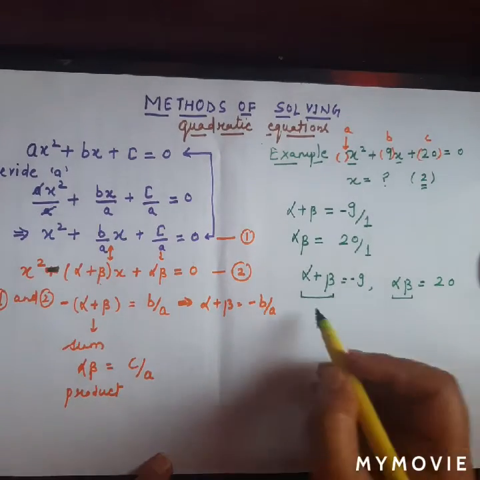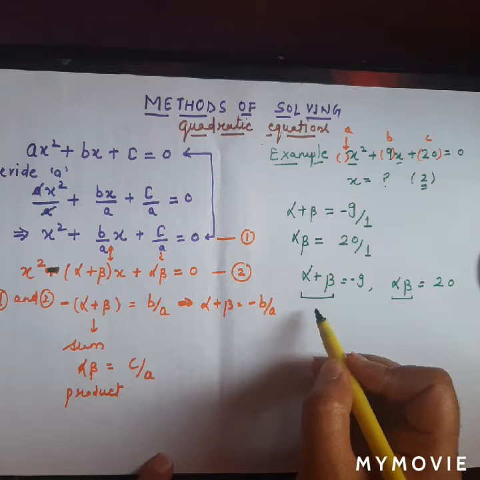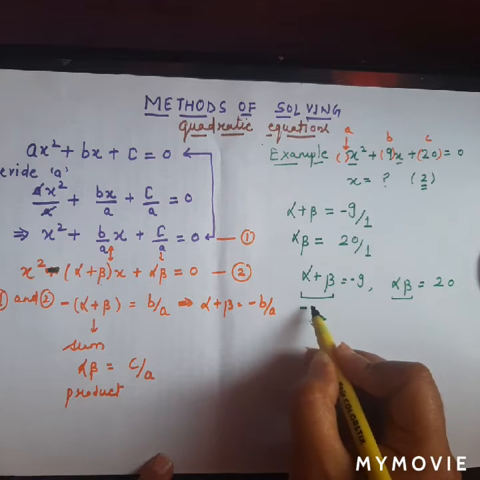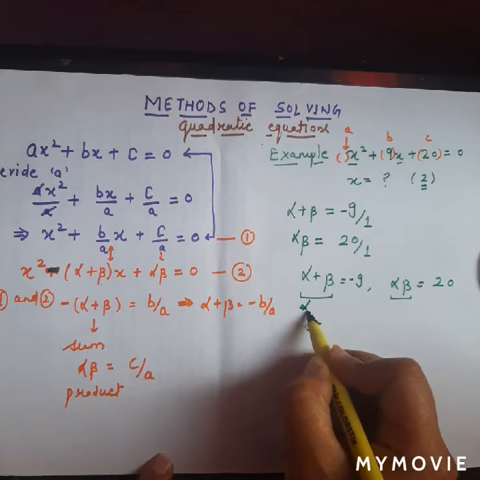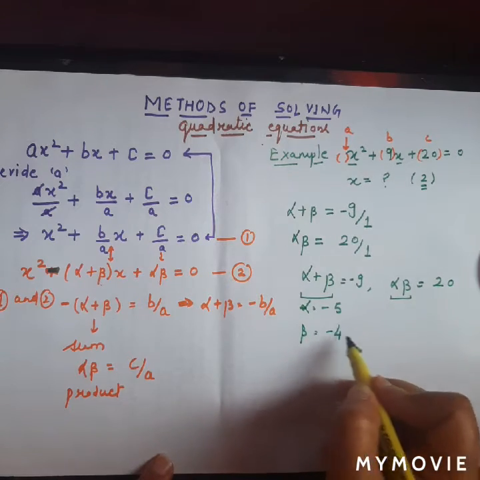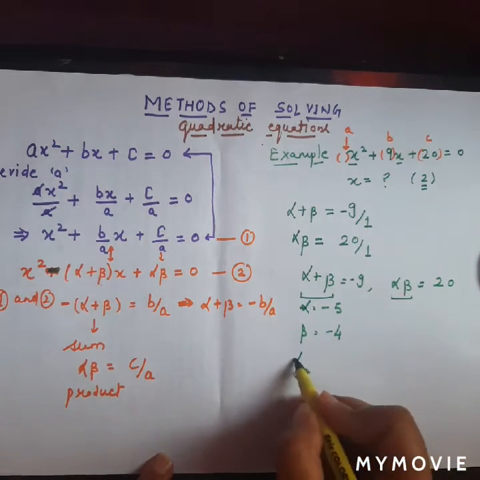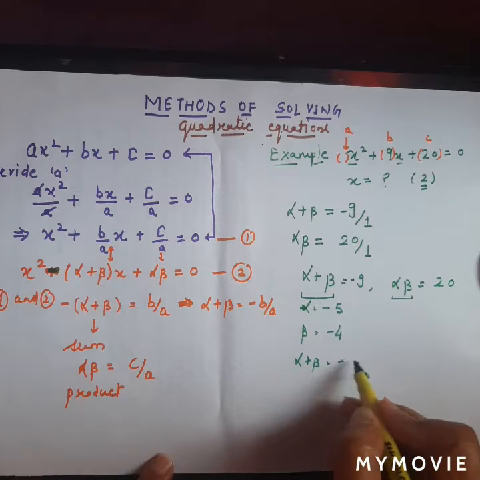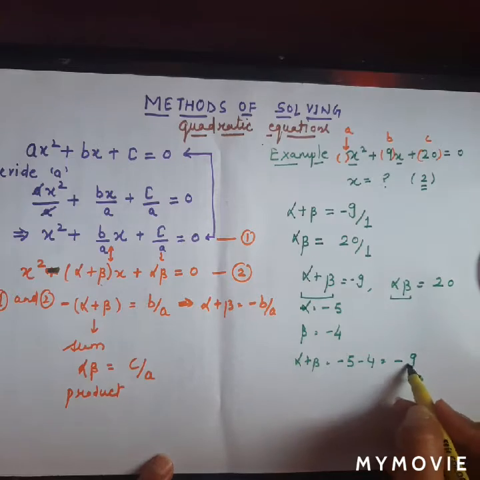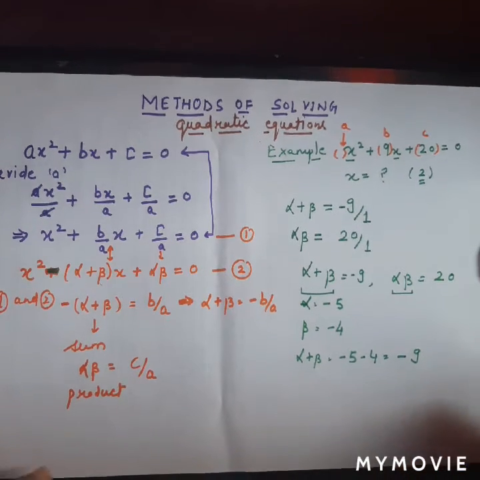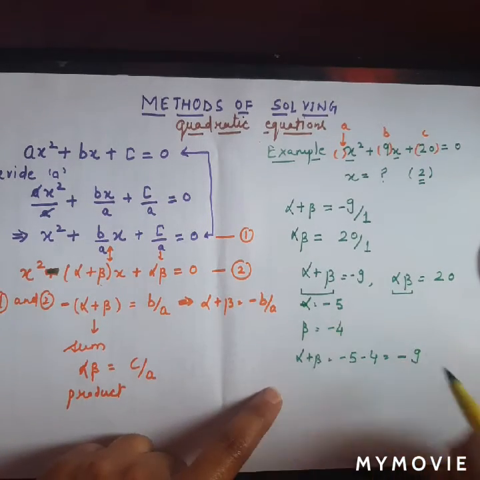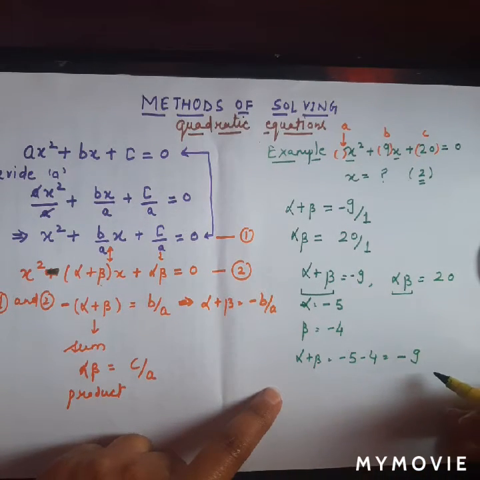So we can find there could be some numbers. After guessing, I could say that if we take alpha as minus 5 and beta as minus 4, then the sum of the roots alpha plus beta will become minus 5 minus 4 is equal to minus 9, right? We will take only integers.